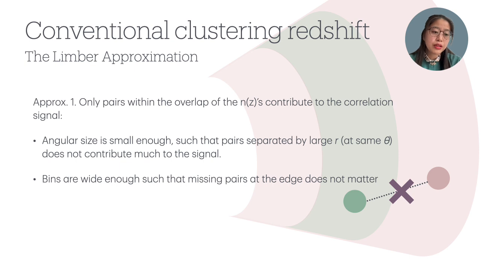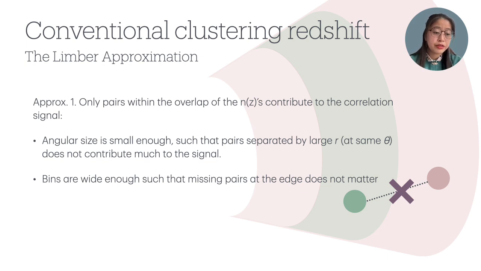This is true if you are measuring on a very small angular size, such that pairs separated by a large 3D scale at the same theta, meaning they are well separated in redshift, do not contribute to the signal.